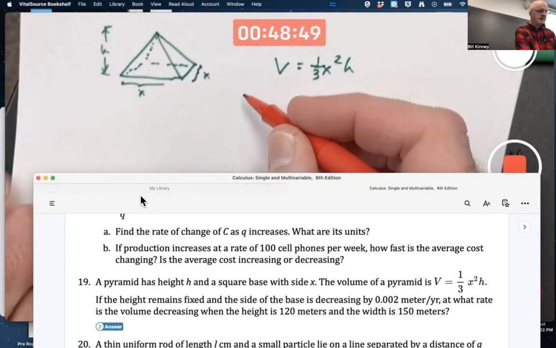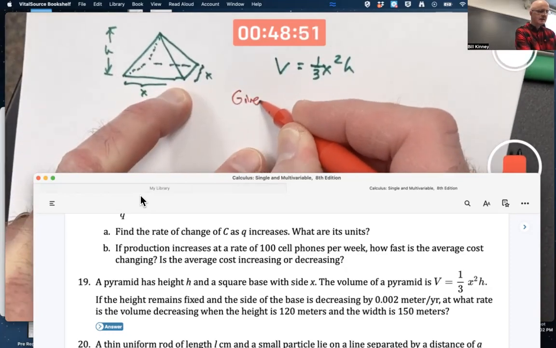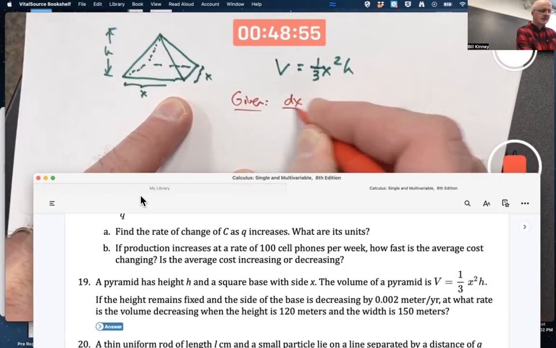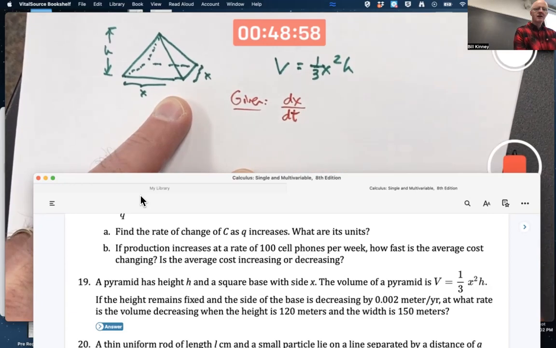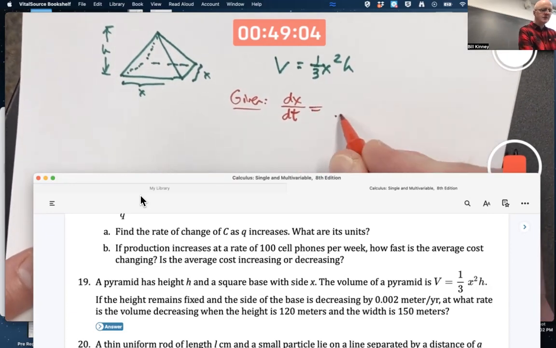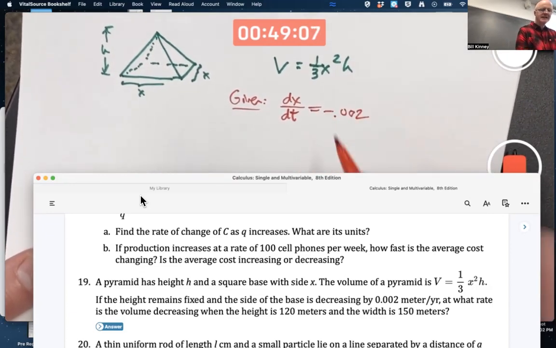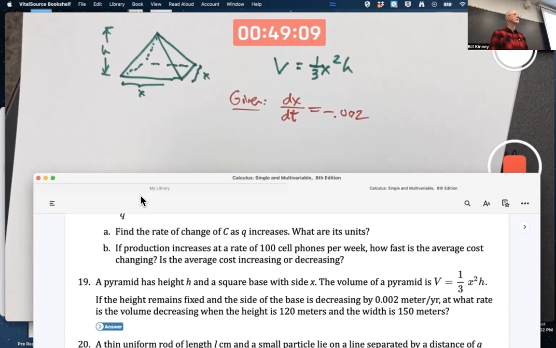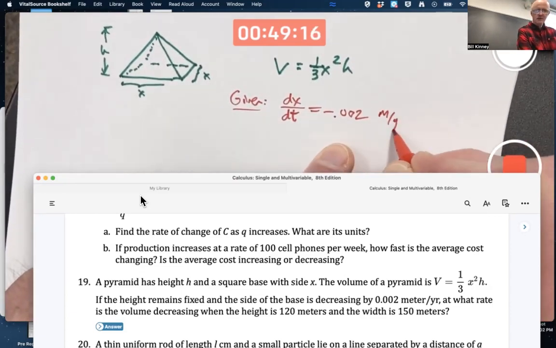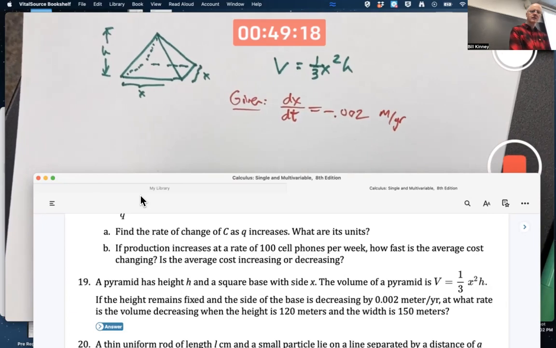We're given that dx/dt, the rate of change of the base length, is not 0.002, but negative 0.002, because it's decreasing, meters per year. What do we want to find?